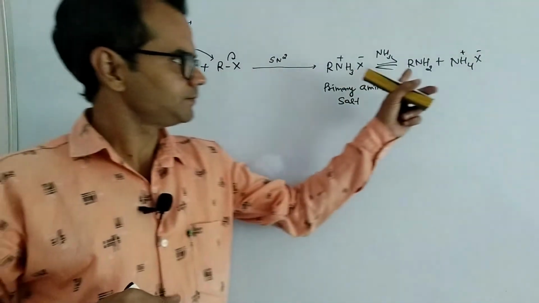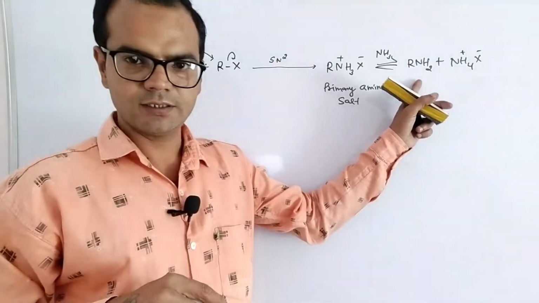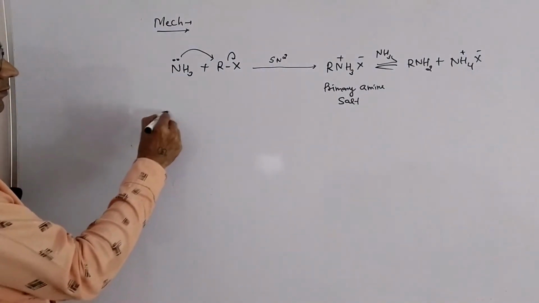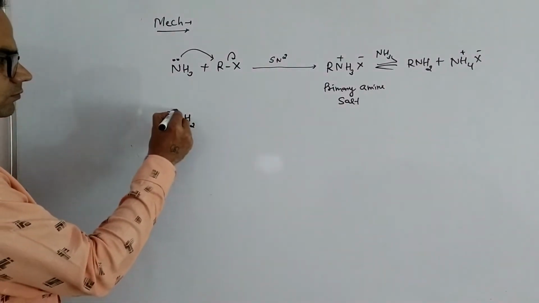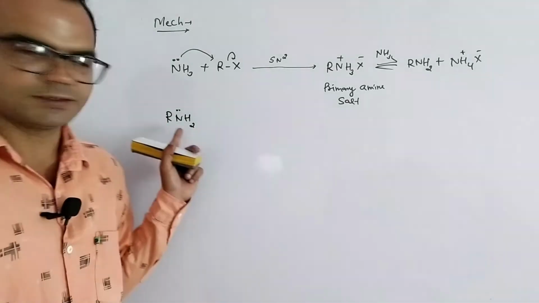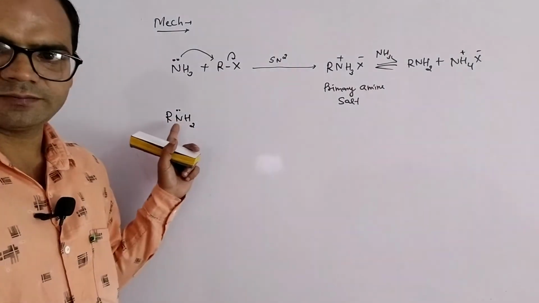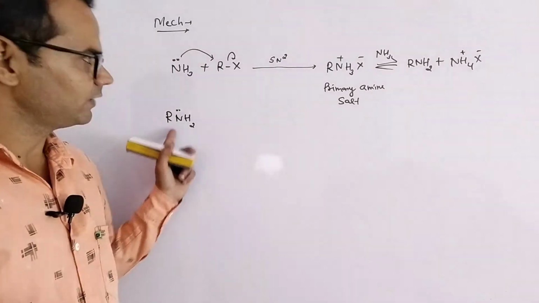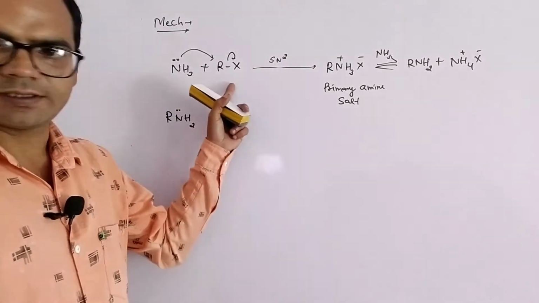So now we have a primary amine here and still lone pair is present on nitrogen atom, so it will act as a nucleophile. It will attack another molecule of alkyl halide.